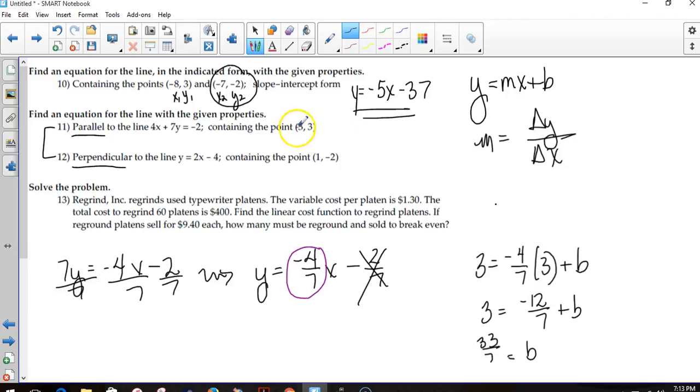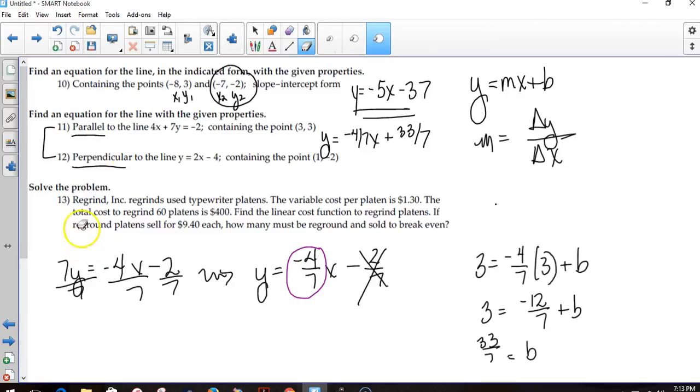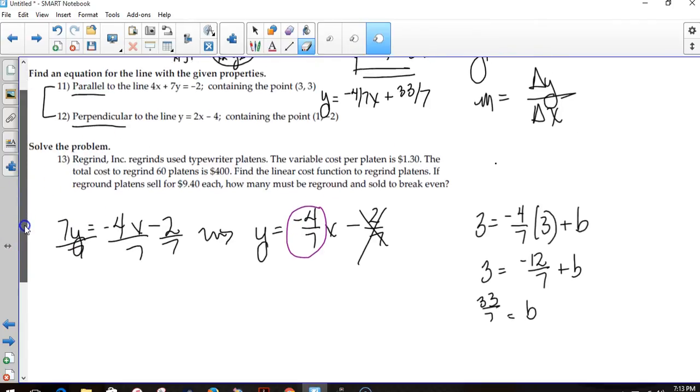And so the equation for number 11 would be y equals negative 4/7 x plus 33 over 7. Not too bad.